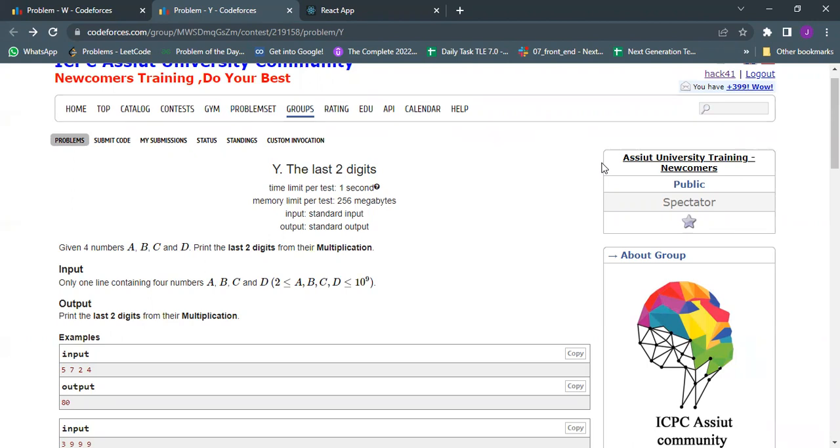Also, you can Google about it. I'll share the code, don't worry. Yeah, int and long have the same range.